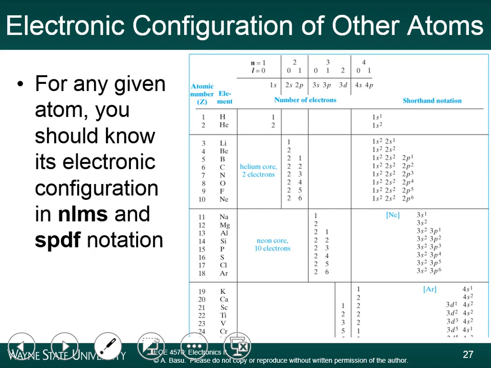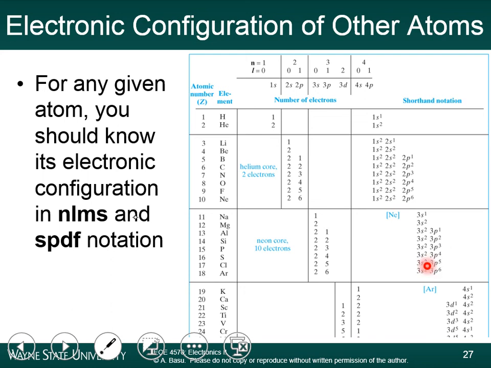This shows the electronic configuration of other atoms. These are all the shorthand notations for them. The one that we did was silicon, so that includes the electronic configuration of all these smaller atoms, so 1s2, 2s2, 2p6. In addition to that, we add the 3s2, 3p2 in there.